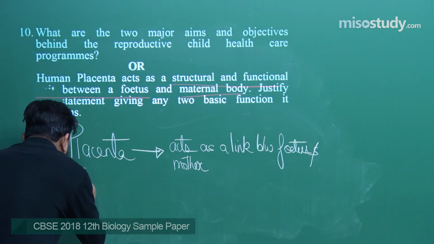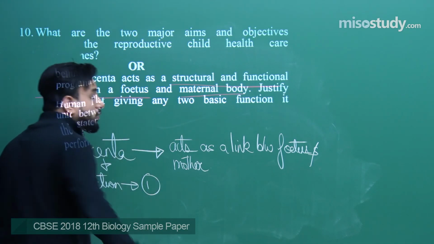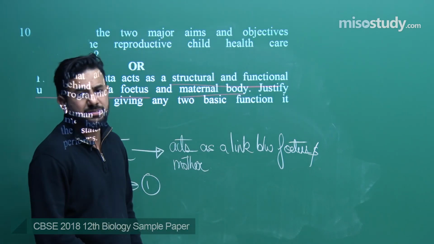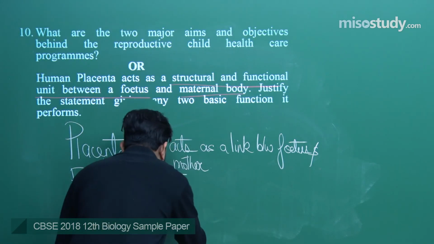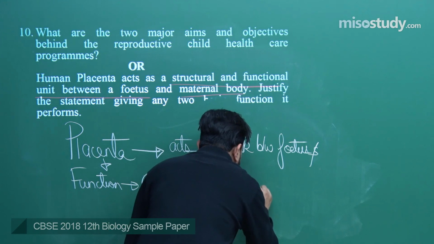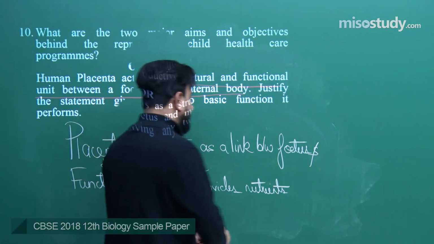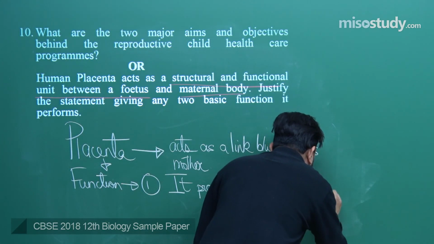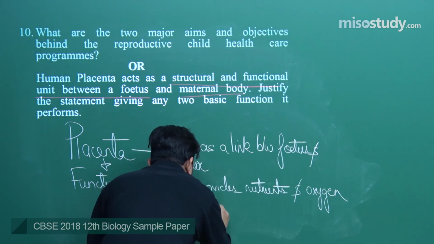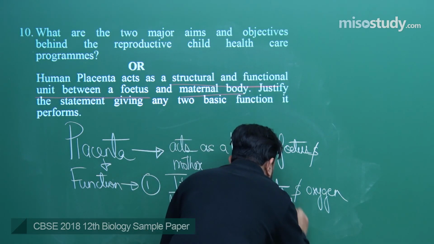The first function of the placenta is that it provides oxygen and nutrients from the mother's body to the fetus.